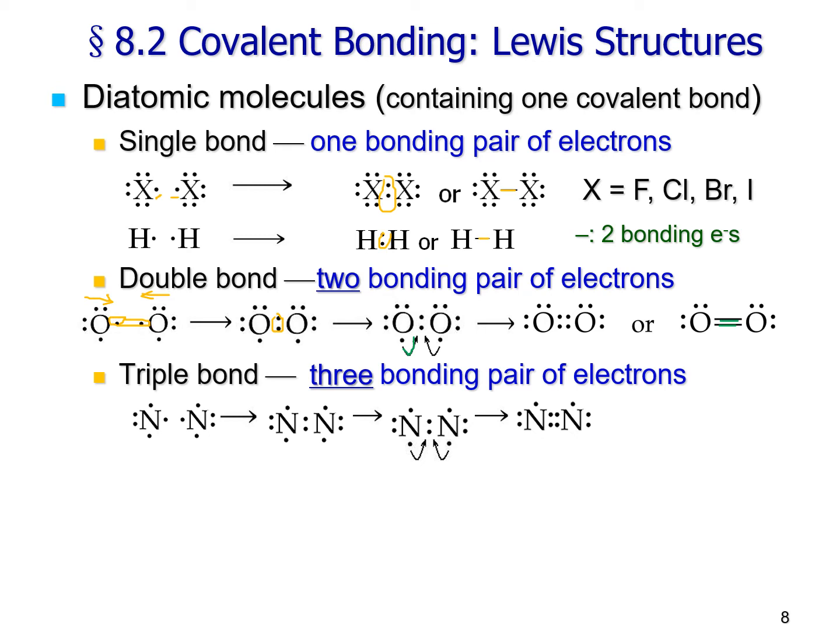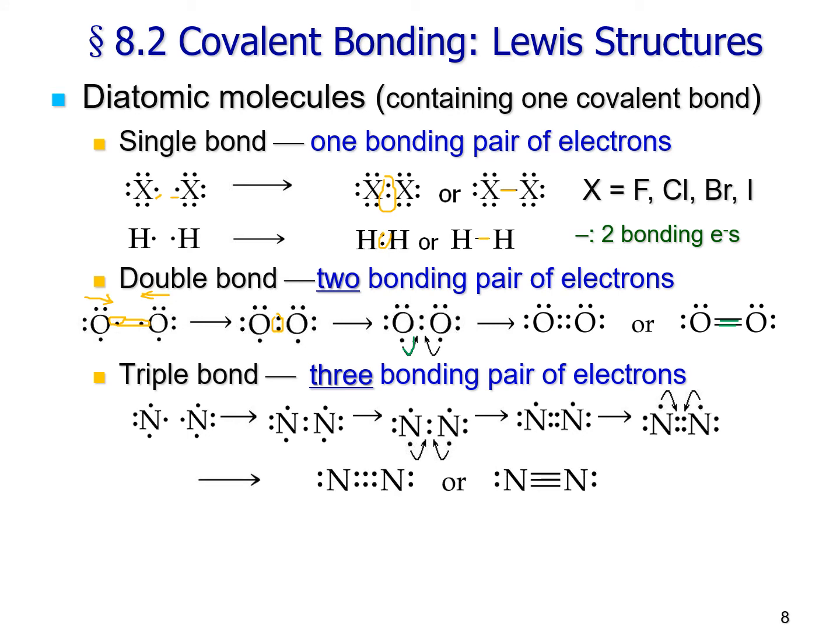Is that going to be enough? Let's count. 1, 2, 3, 4, 5, 6, 7. Still 1 dot short to have an octet for each nitrogen. Again, they realize they have the 3rd unpaired dot, which they can put in the bonding region.